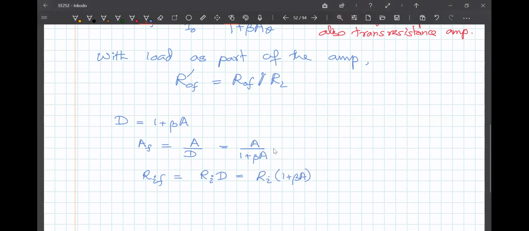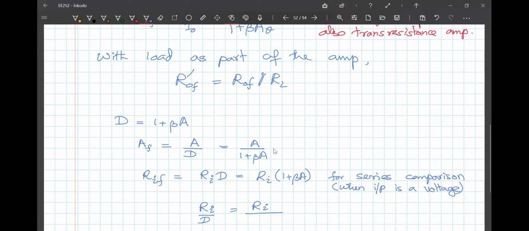So that is when the input is a voltage. Okay, so it increases.